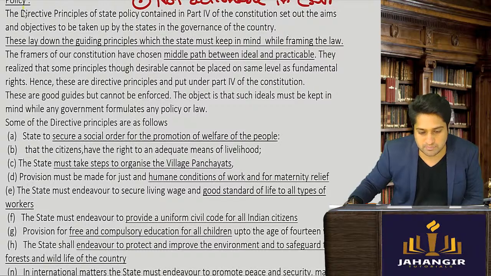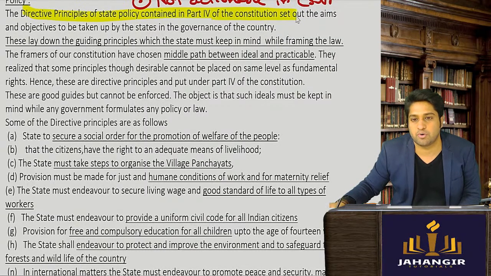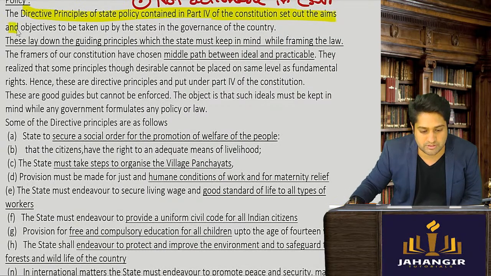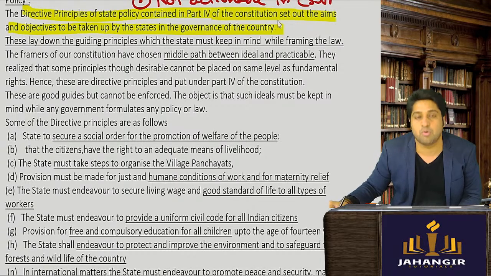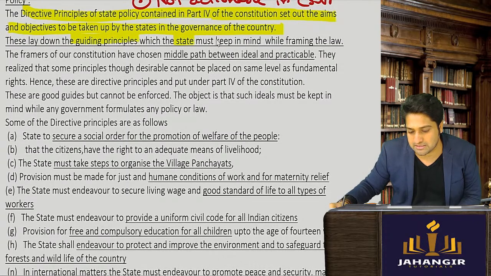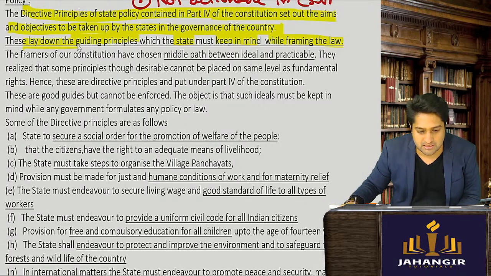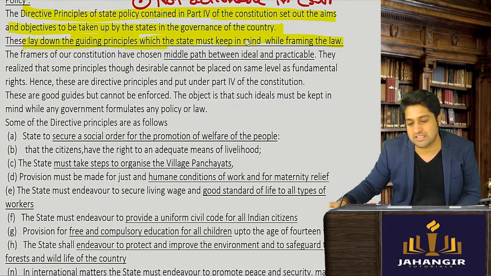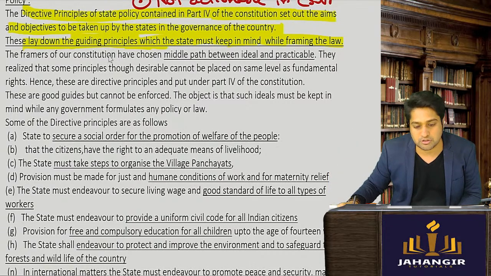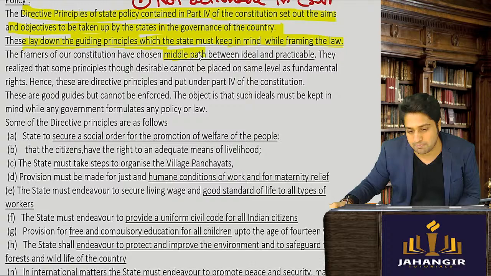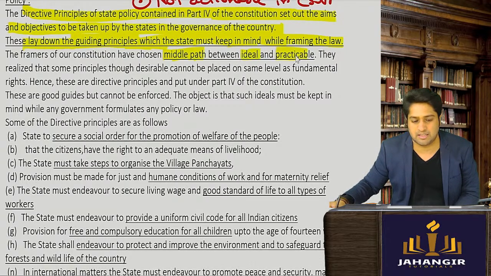The directive principles of state policy contained in part 4 set out the aims and objectives to be taken up by the states while running the country. These lay down the guiding principles which the state must keep in mind while framing the law. The framers of the Constitution have chosen a middle path between ideal and practicable.